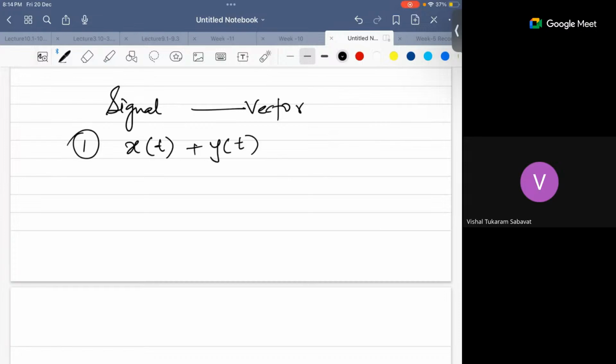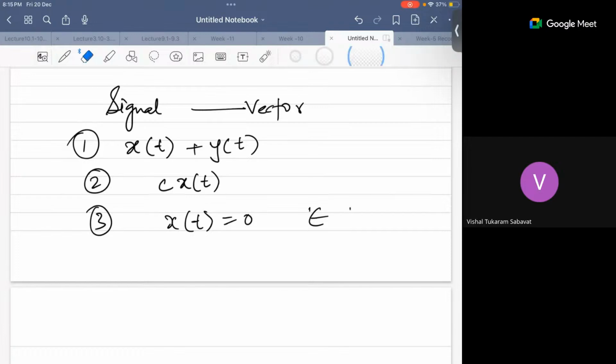So x(t) plus y(t) will also belong to the signals, and scaling will also satisfy. The third is a signal that is zero for all t.